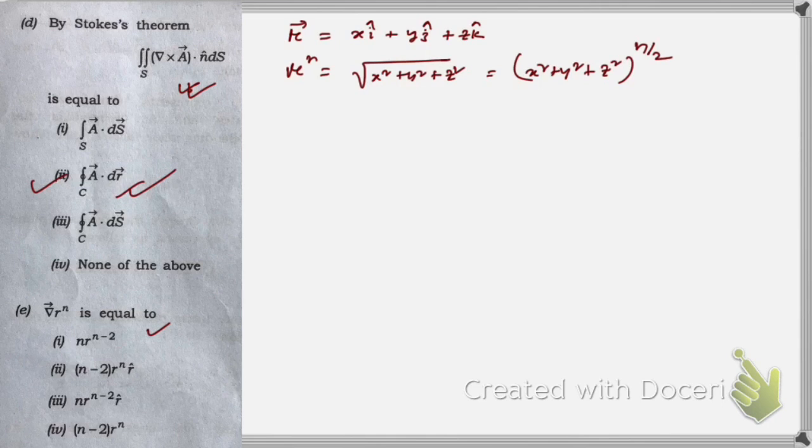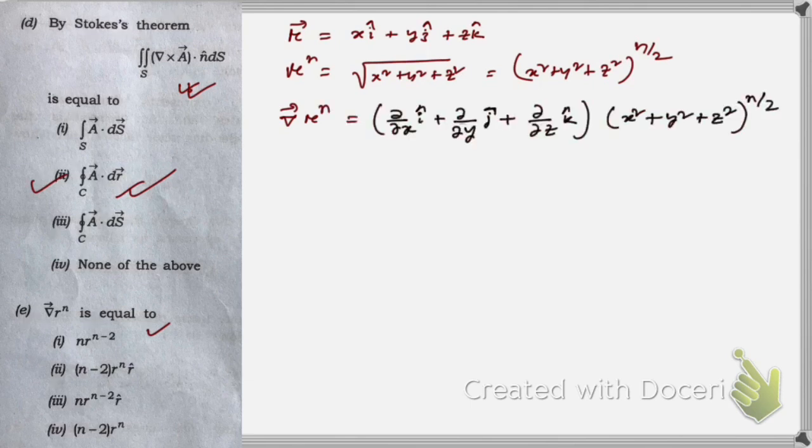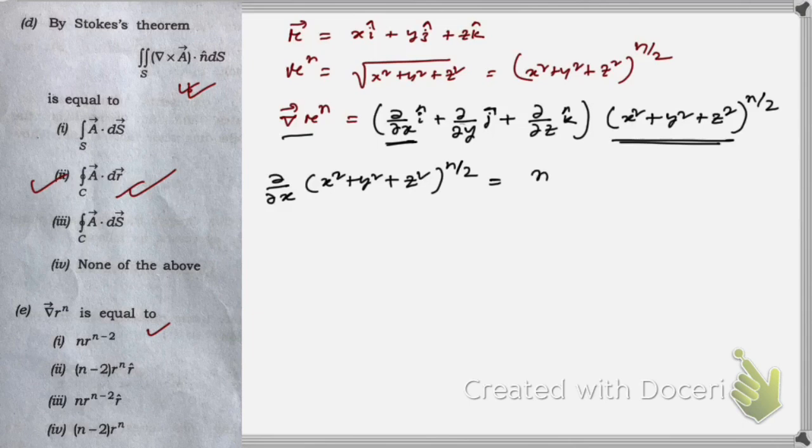Now you see grad of r to the power n. We can express this in this way. If you differentiate this partially with respect to x, then you should get n by 2, then x square plus y square plus z square whole to the power n by 2 minus 1, then 2 into x.